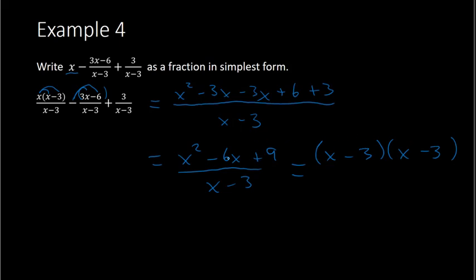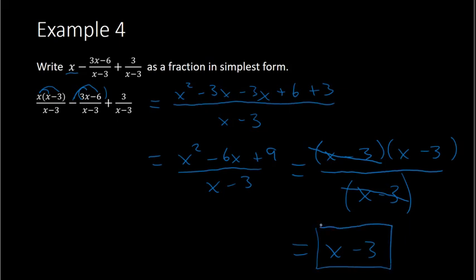And negative 3 plus negative 3 would add to get negative 6 for the middle term. Then all of that is over x minus 3. So notice x minus 3 on the top can divide with the x minus 3 on the bottom. So I'm left with x minus 3 on the top. So my solution is just x minus 3.